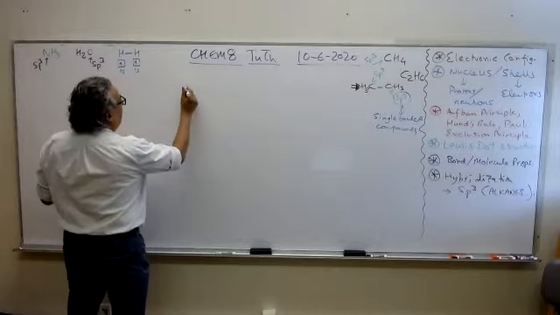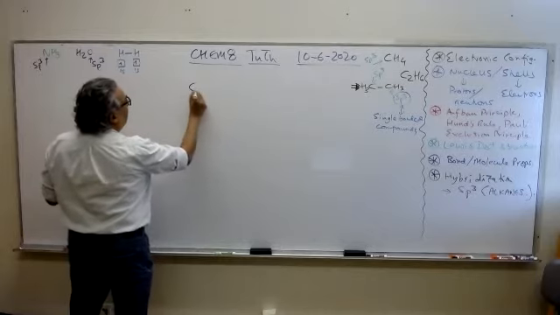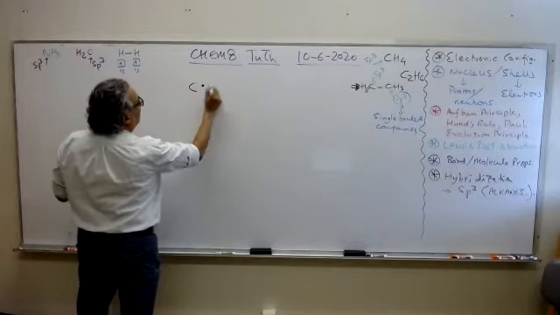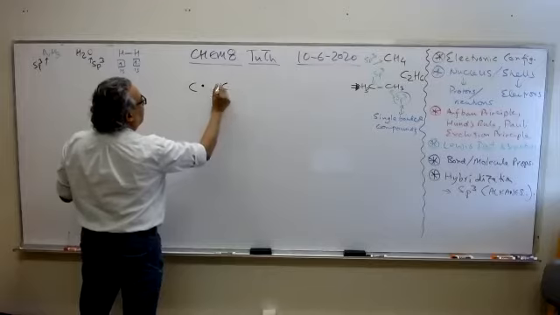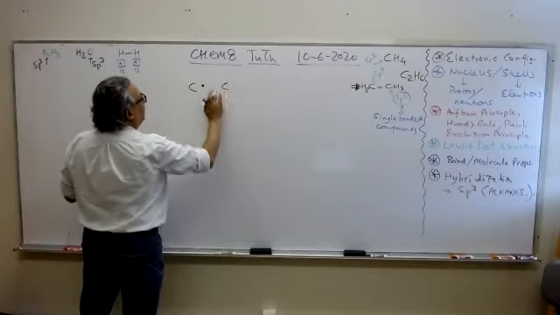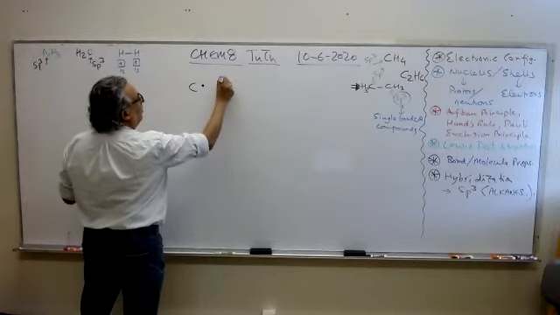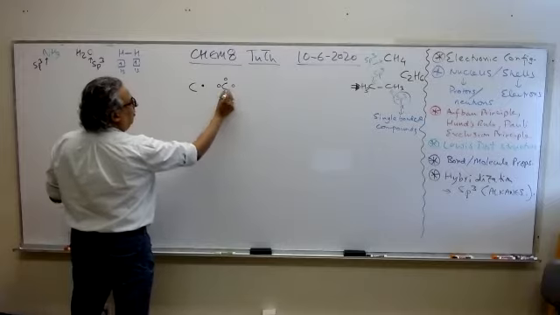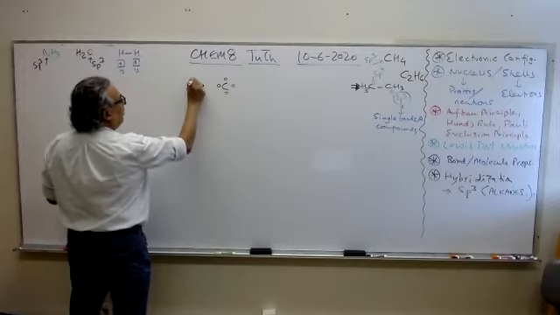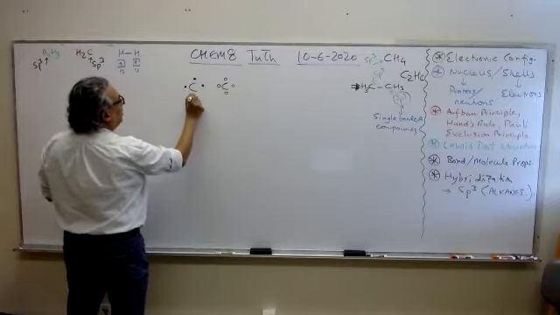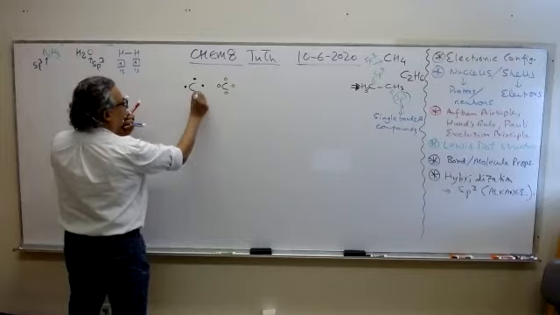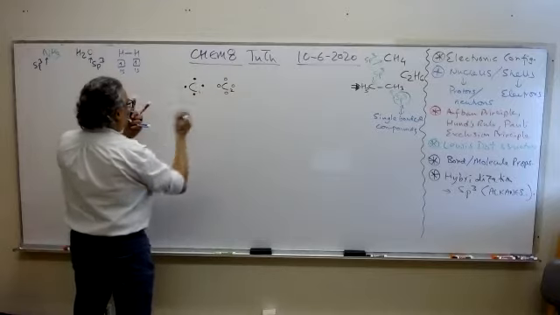Okay, so ethane, let's use a different shape, like a circle. These are the electrons from carbon number 2. These are the electrons from carbon number 1. On the left-hand side, you have carbon 1. On the right-hand side, you have carbon 2.